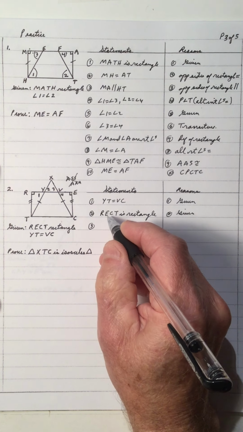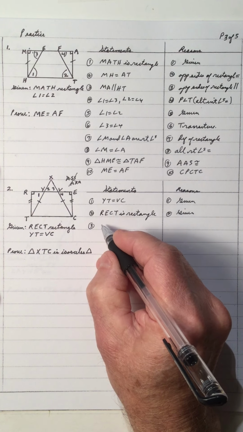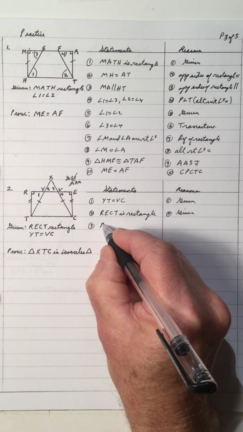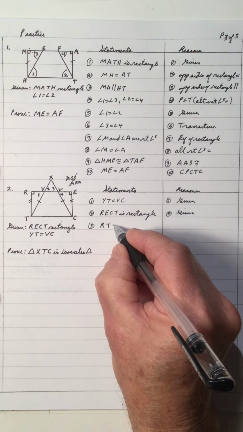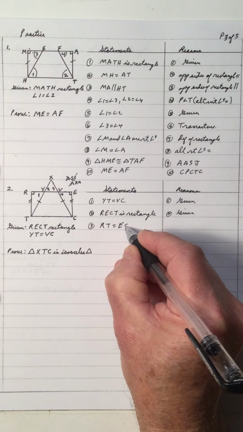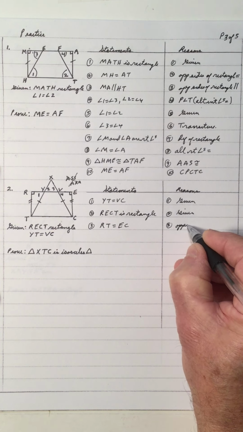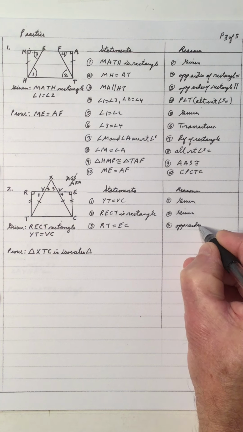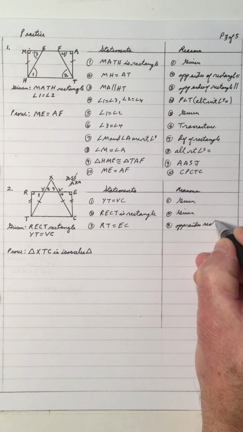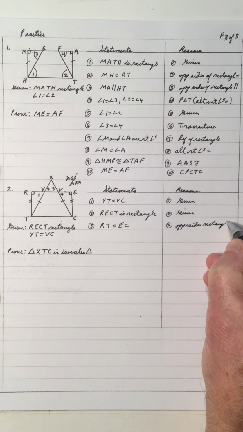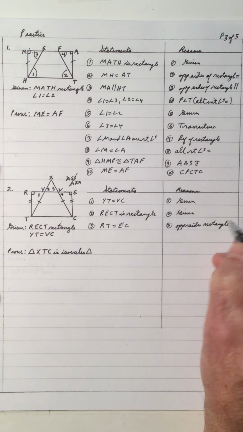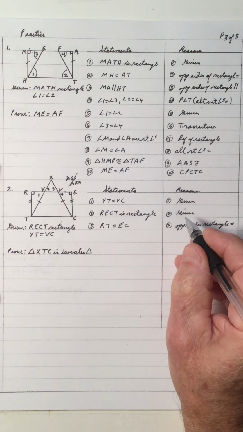And now we're going to use the properties of that rectangle. We have RT equals EC, opposite sides of a rectangle are equal, because a rectangle is a parallelogram.